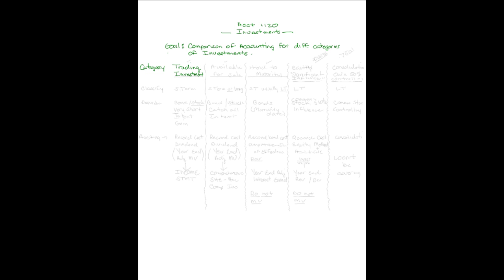will be understood better if you look at how I'm going to classify it on the balance sheet. A trading investment is always short-term. Let me describe it and you'll see what I mean. It can be in a bond that's going to mature right away, or it can be in stock, so it can be either type.